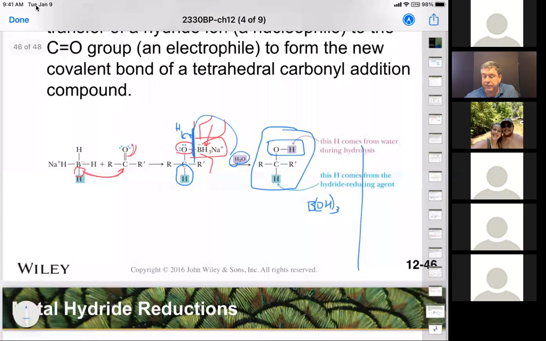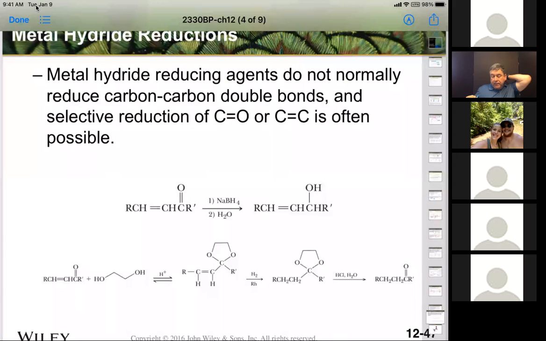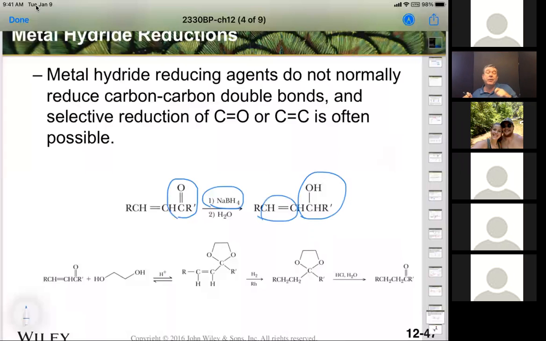Okay, so if we get selectivity of that reaction, then maybe we could use a different reagent for different things. So for example, these metal hydrides, I already said this, but will only reduce aldehydes and ketones. The sodium borohydride will only reduce aldehydes and ketones and will not touch any alkene in the system. So if we actually wanted to reduce the alkene, we have to use that trick of making the carbonyl no longer polar and making it into an acetal.